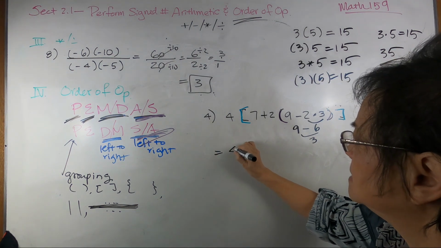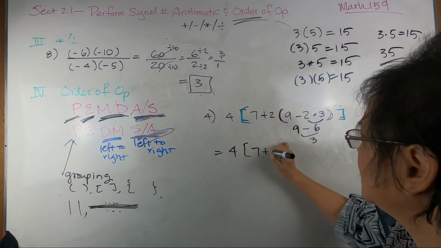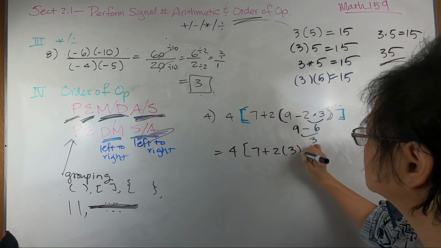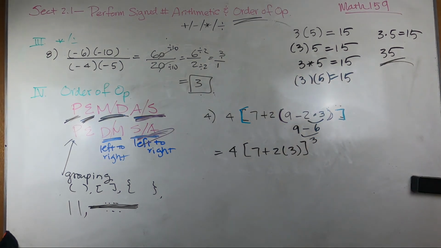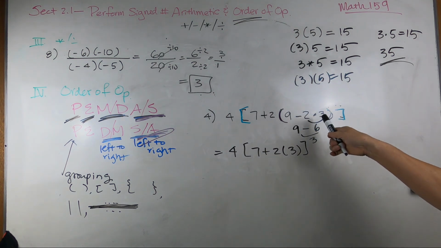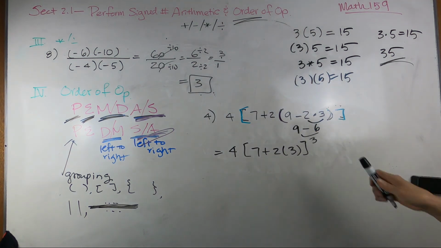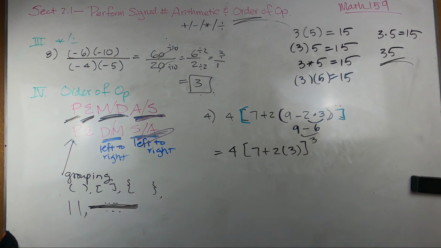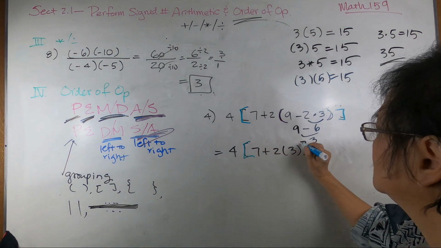So you see, simplify it first, right? So you end up this way. Is that right? Because you simplified the inside group first. Okay? Then you have this group at the end, right? This is a group you need to do.